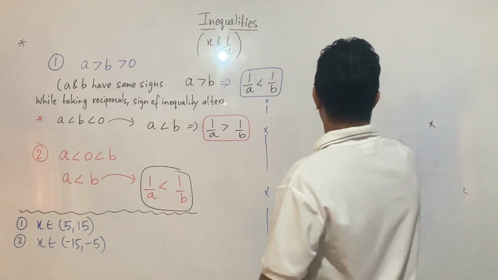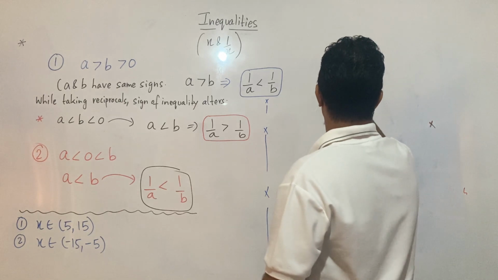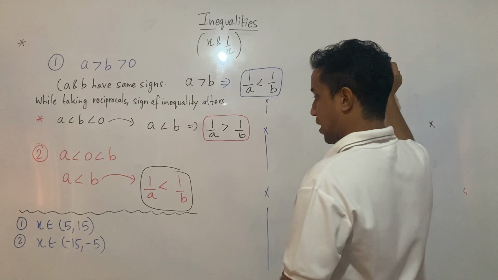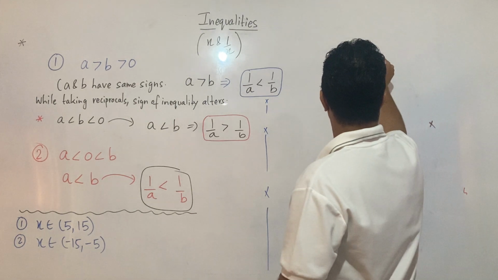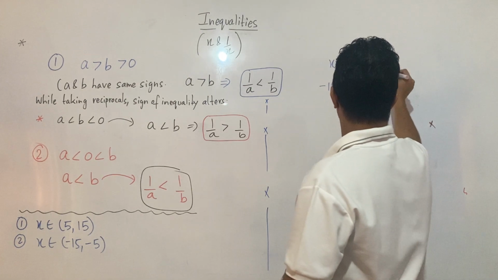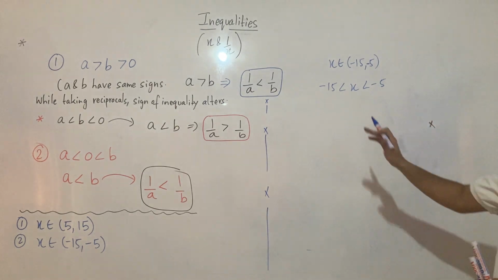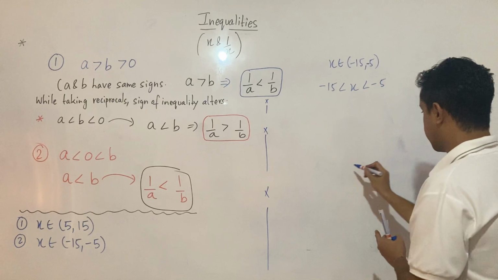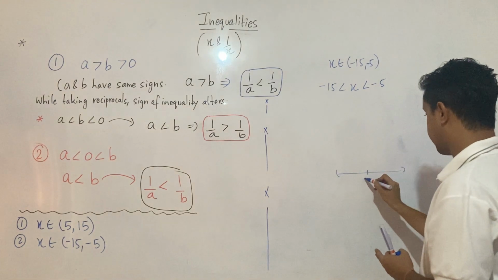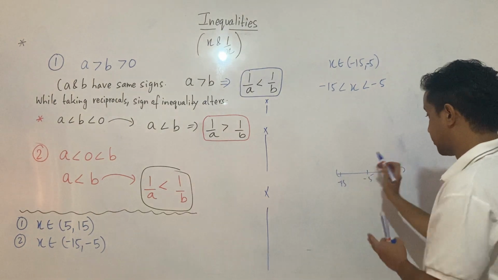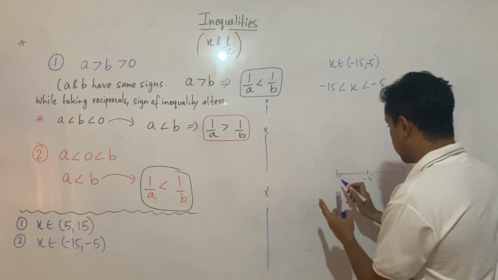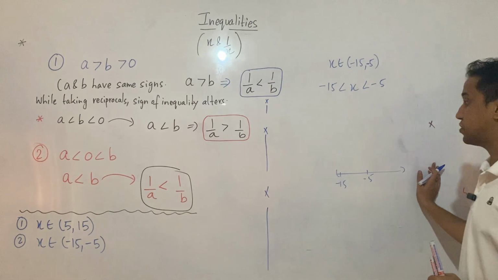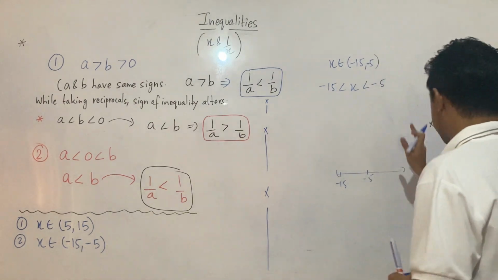So another way to write this would be minus 15 to minus 5, right? Why? Because minus 15 is smaller. If you see the number line, minus 5 here, minus 15 here, so as you go towards the left, the number keeps on decreasing. That's why this is smaller, this is higher.